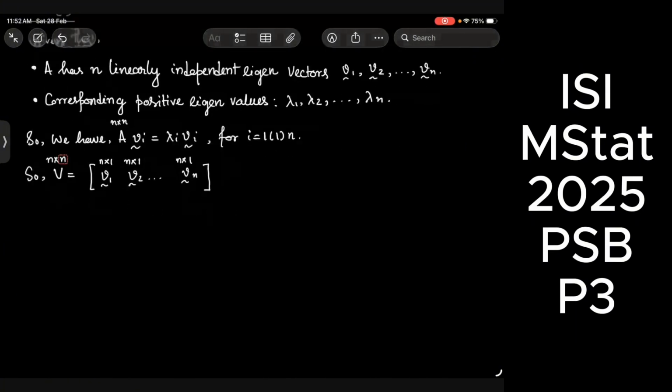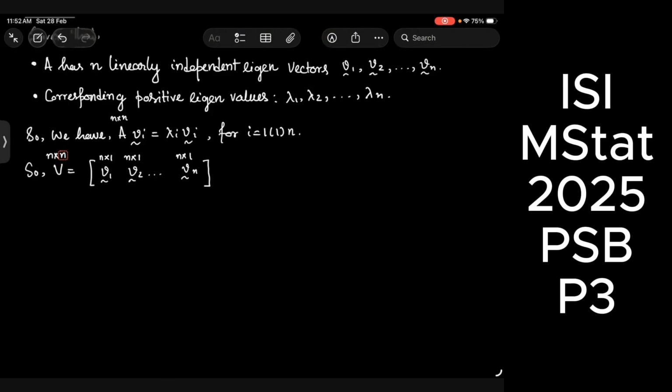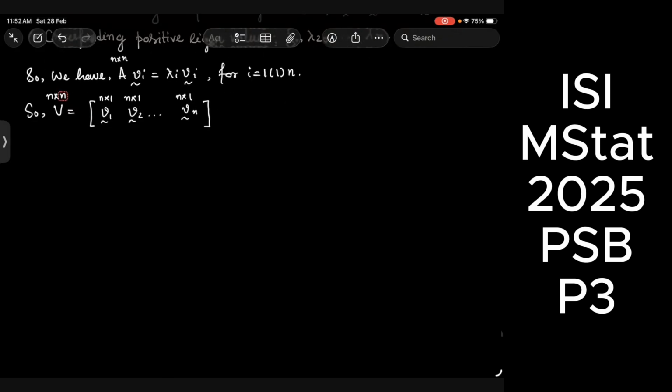Are you getting this? So tell me, can the determinant of V be 0? Is it possible?